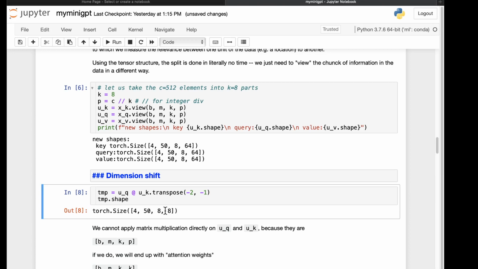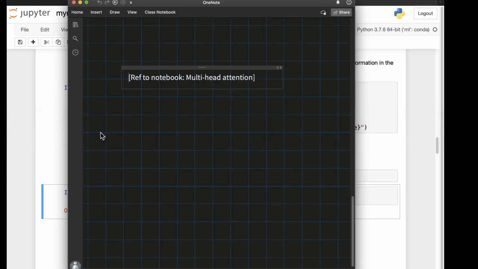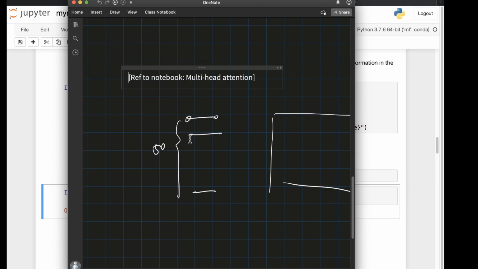This is not what we want. Let's forget about the 4 for now. As before, we consider these 50 different units of the data, so we have 50 of them, and we want to compute the relationship between themselves, which will give us a 50 by 50 relationship matrix.